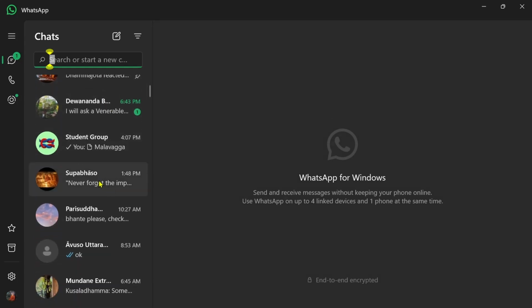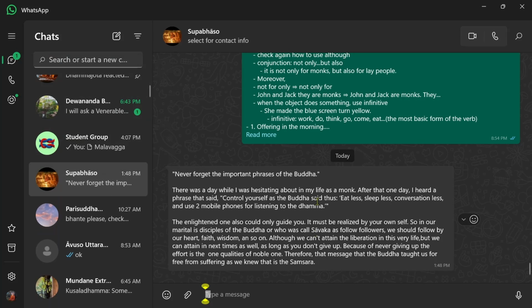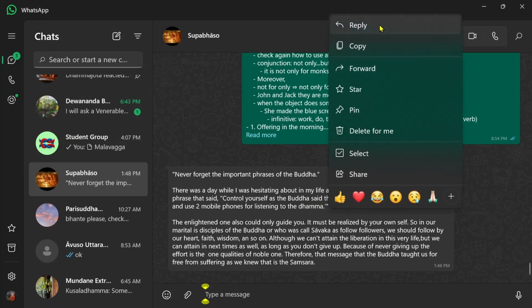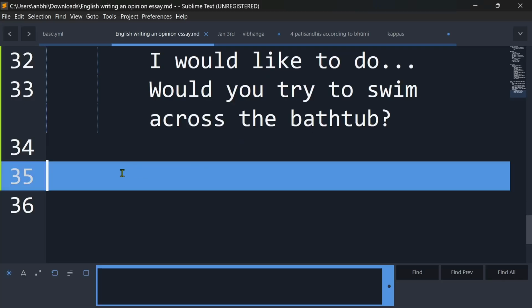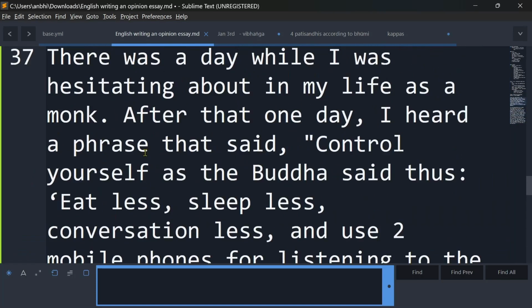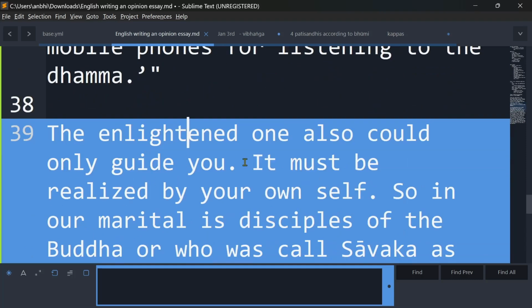I think around here there is something. For example, Supabaso, I hope he allows me. There is this text, you see? Okay, let's correct this text together. Maybe it will be good.